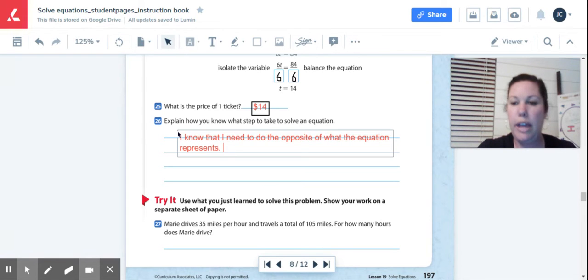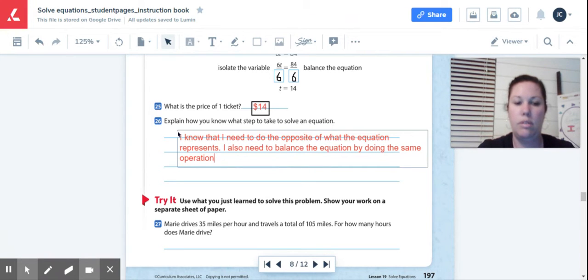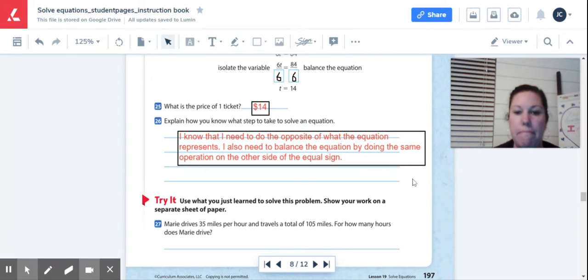And then let's also put that I also, because I started with I, need to balance the equation by doing the same operation on the other side of the equal sign. Okay? So those are just the kind of steps that we take no matter what the problem gives us, okay?